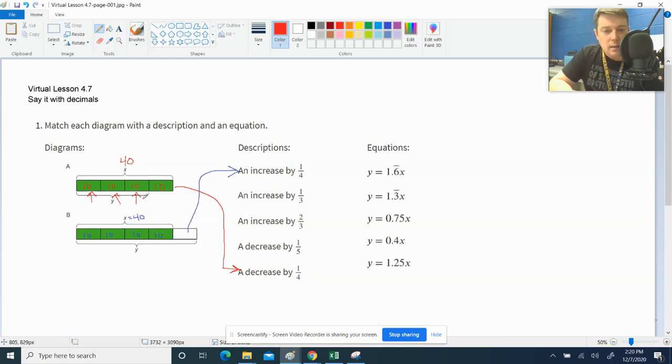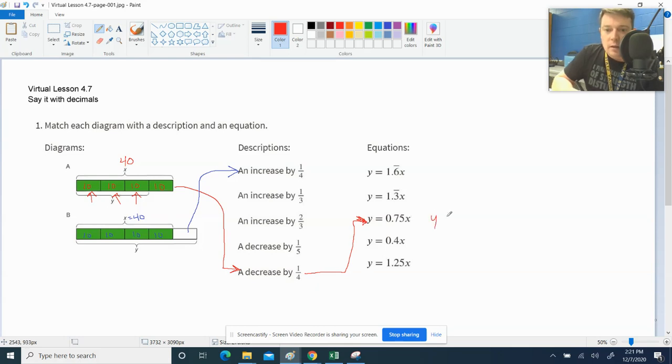Y is 3/4 of what x used to be. So which one shows y equaling 3/4 of what x used to be? Well, that is right here, because 3/4 is equivalent to 75 cents. It is 3/4 of what x used to be.